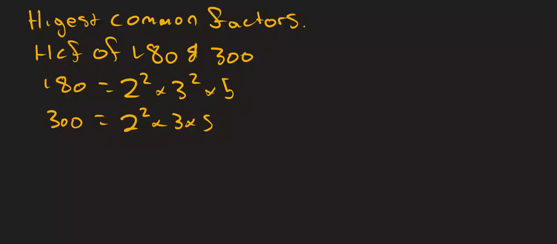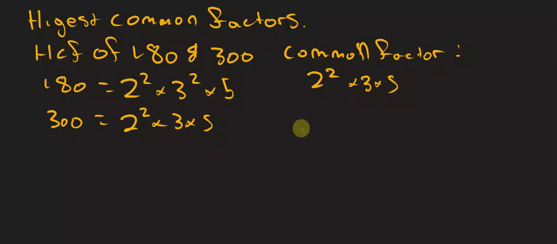Right? Now, when it comes to these numbers and you want the common factor, the common factor for these numbers is 2 squared times 3 times 5. So basically what we did is take the highest common prime powers.